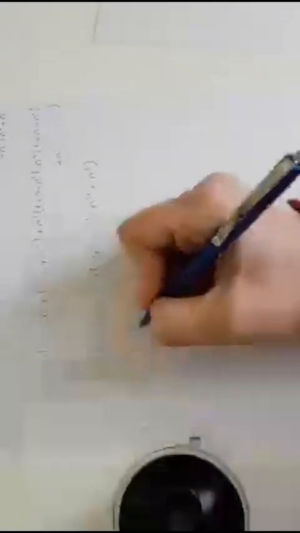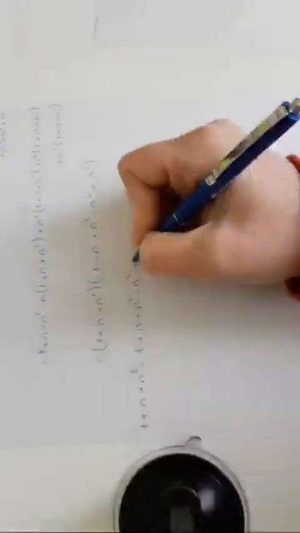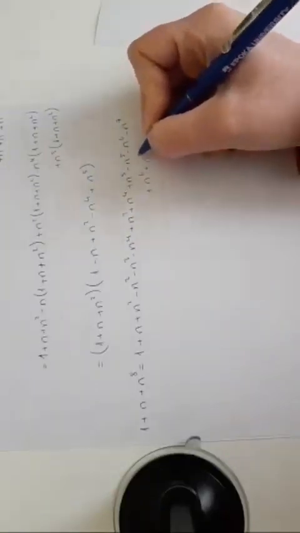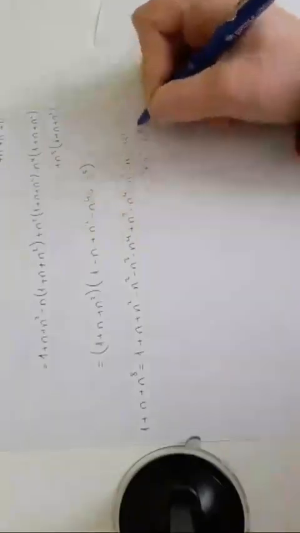Denominator is 1, and I add and subtract some terms to find the common term. 1 plus n minus n square minus n cube minus n to the power of 4 plus n cube plus n to the power of 4 plus n to the power of 5 minus n to the power of 5 minus n to the power of 6 minus n to the power of 7 plus n to the power of 6 plus n to the power of 7 plus n to the power of 8.